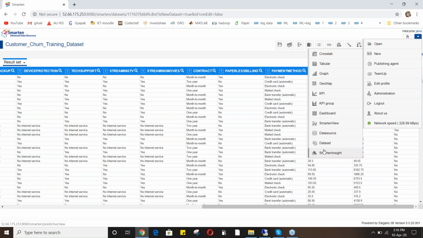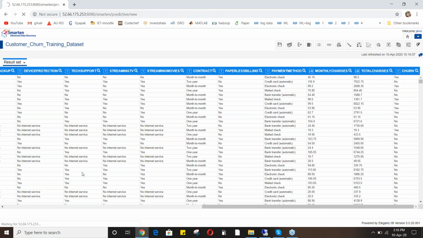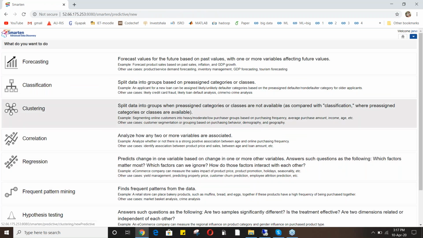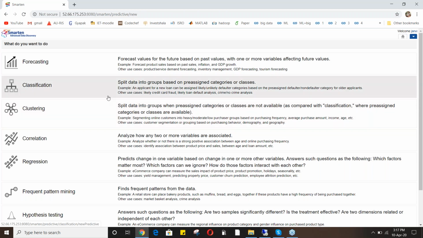I'm straight away going for new Smarten Insight. Here we have available so many algorithms like forecasting, classification, clustering, correlation, regression, and I'm choosing classification for this data set.